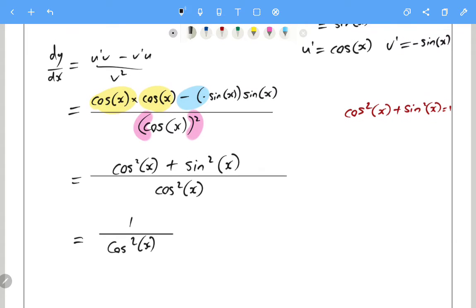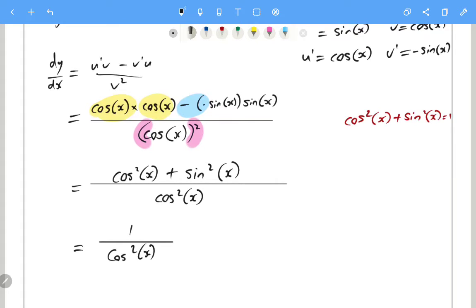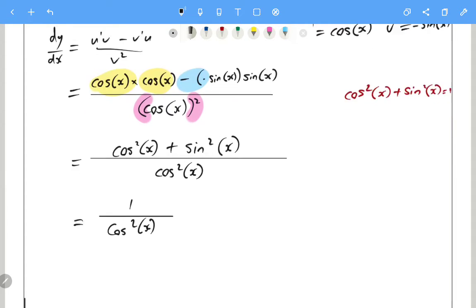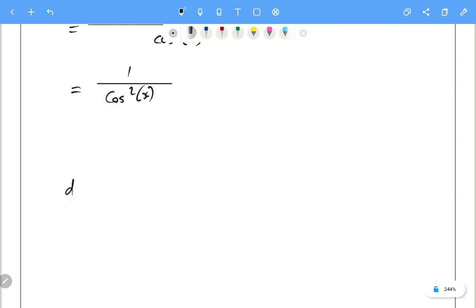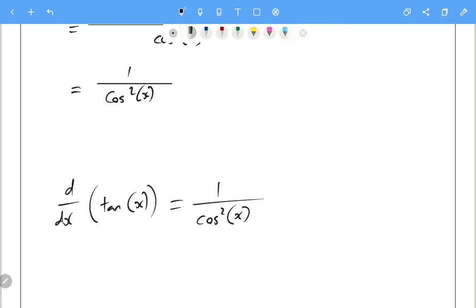And we're done. So what we get is that the derivative of tan is equal to 1 over cos squared x. So d dx of tan of x is just 1 over cos squared of x. And that is how we derive tan.